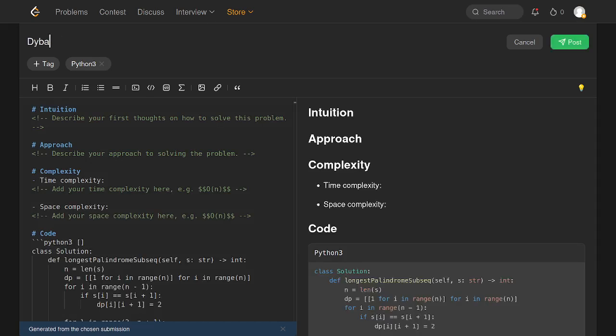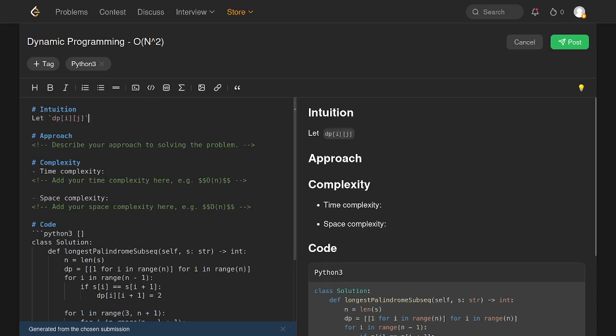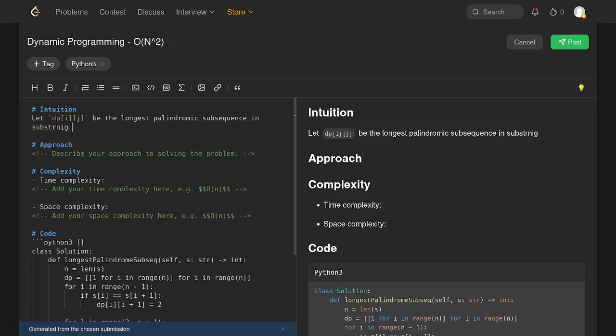Anyways, dynamic programming, n squared. Basically what we do is let dp[i][j] be the longest palindromic subsequence in substring s[i..j].